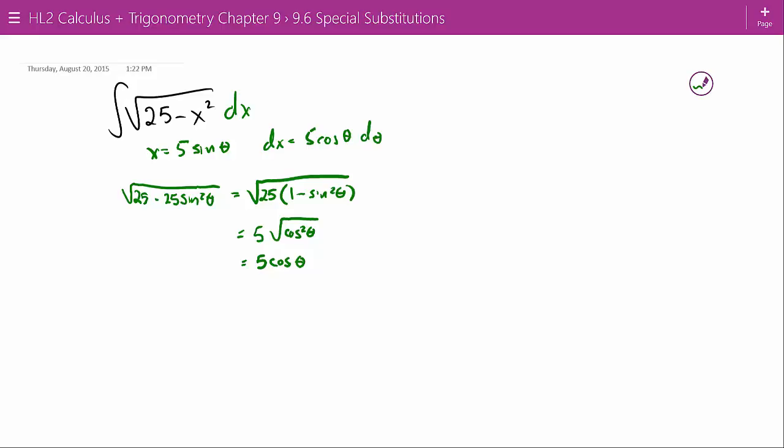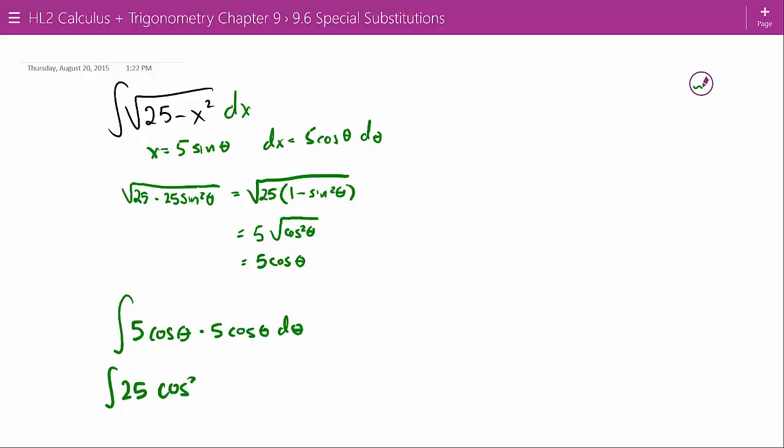So what does our integral become? Well, that whole radical piece, we just showed that that can be reduced down to 5 cosine theta times dx. dx was 5 cosine theta also. And so we have the integral of 25 cosine squared theta d theta.